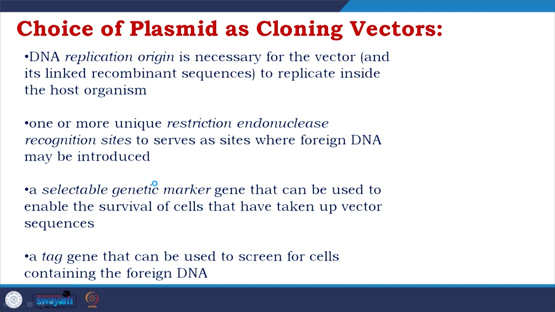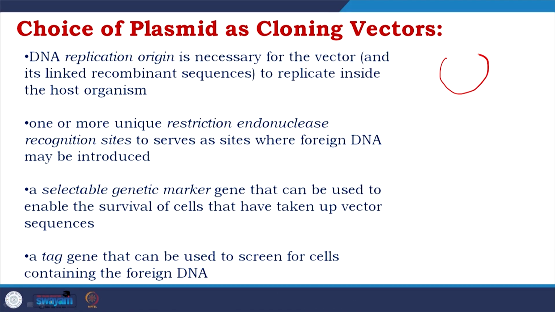So, the marker helps you to differentiate between wild type and the vector, but then when you have the clone, what I mean by clone is, you have the vector, you cut the vector, so you make a staggered cut. Here is the staggered cut and here is the staggered cut. Your gene also has the staggered ends.